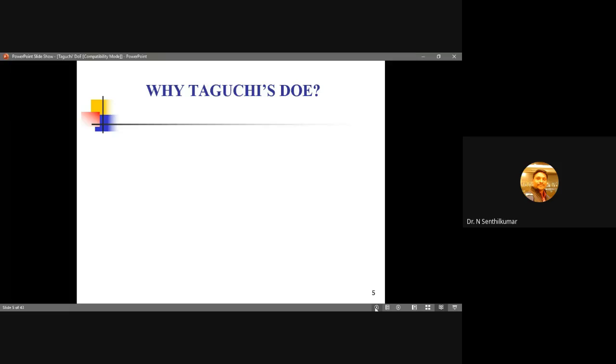When compared to Taguchi's DOE, a higher number of experiments will be carried out in RSM, because RSM adopts full factorial design. In the case of RSM, there will also be some repetition of experiments.